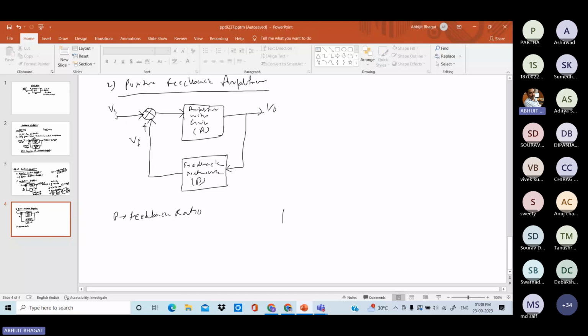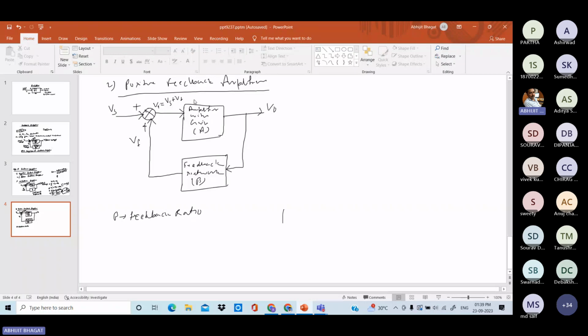Vs is the signal voltage, the voltage which is amplified. It is always positive. This is Vi, the voltage going to the internal amplifier of the circuit. So Vi is the voltage going to the internal amplifier, and this Vi equal to Vs plus VF.